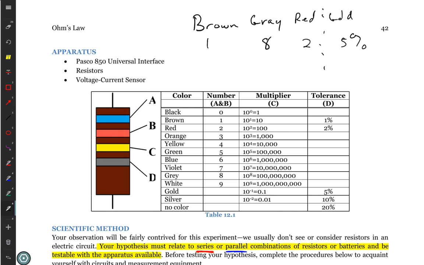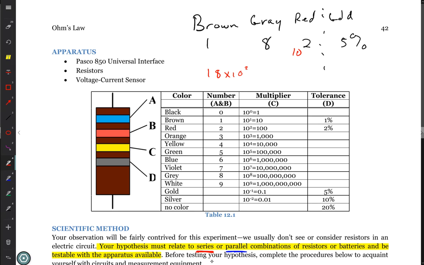The first 2 are just normal numbers, so the first 2 numbers together give me 18. The third one, 10 raised to that power. So the way I read this is 18 times 10 to the second, plus or minus 5%. So this here was what red told me. And then, of course, the 1 and 8 are clear.